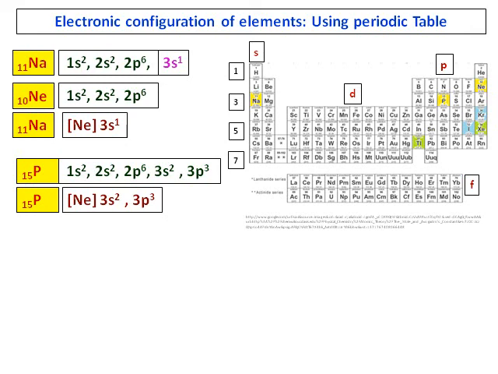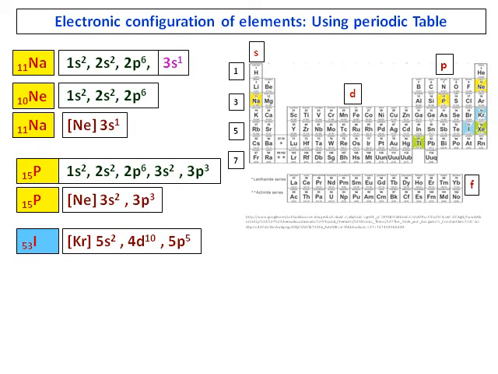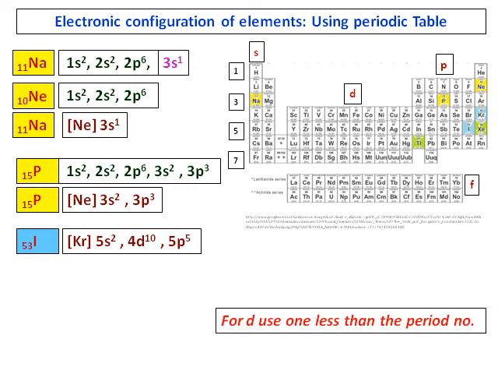So I have done an electronic configuration of iodine 53. The inert gas before iodine is krypton, and then I come down and I reach period number 5, and I have 2 electrons in the S column. Then I have 10 electrons in the D. So for D, what we do is we always take one number less than the period number.